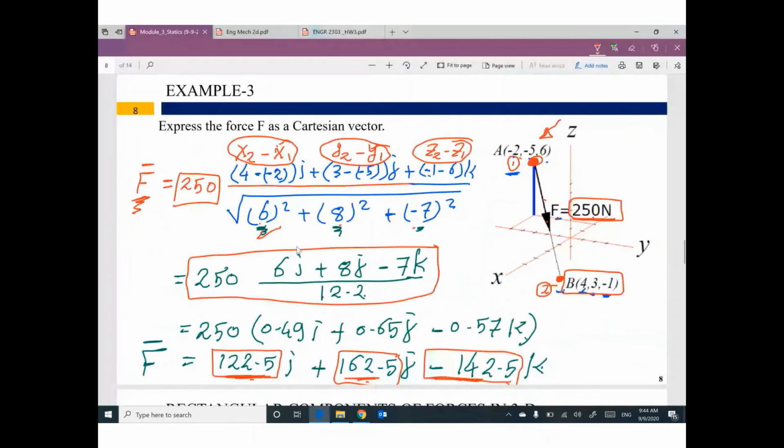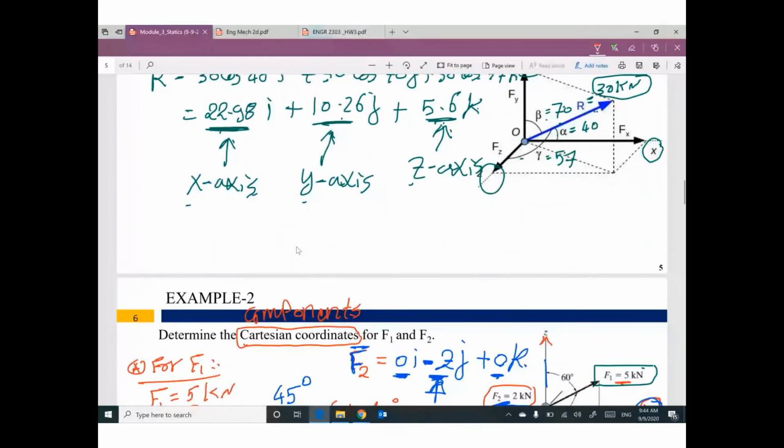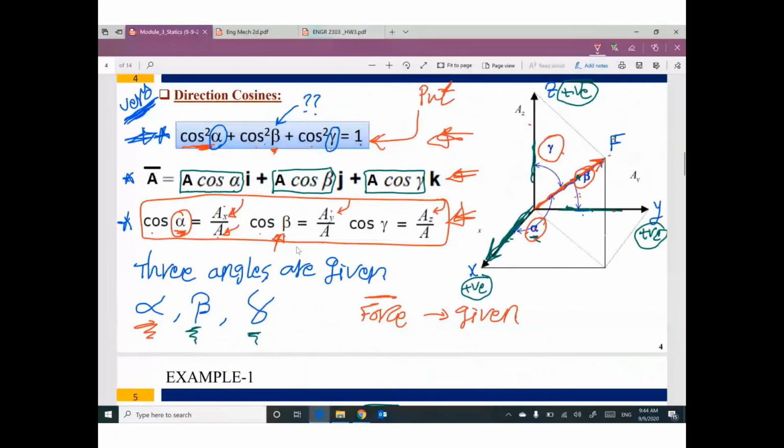So one more time, until this moment, I covered two cases, the easiest cases in 3D. 3D is nothing. 3D is very easy. The first one, sometimes the given force is given with three angles, alpha, beta, gamma. We learned three things in this situation. The first one, we have a relationship between these three angles: cosine squared alpha plus cosine squared beta plus cosine squared gamma equals 1.